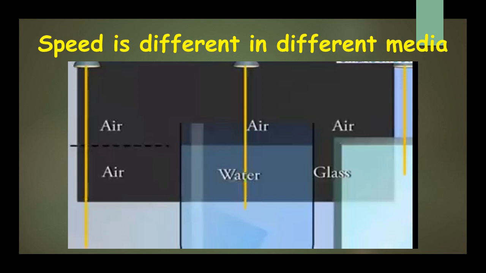Therefore, air is an optically rarer medium compared to both water and glass. On the same basis, water is optically denser than air but optically rarer than glass, and glass is optically denser than both air and water. We will also define the rarer and denser media on the basis of refractive index in our next lecture.